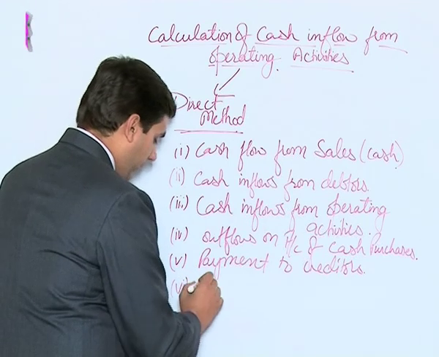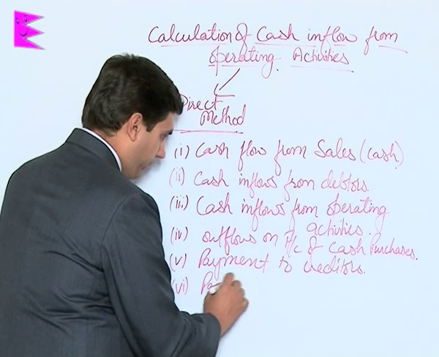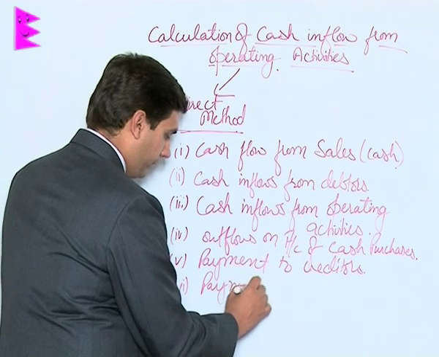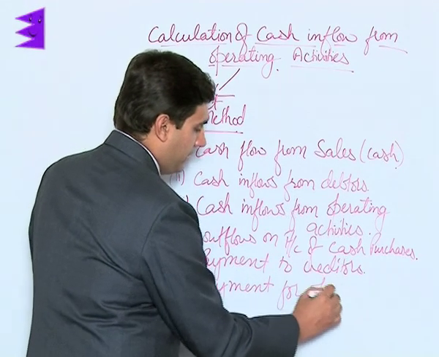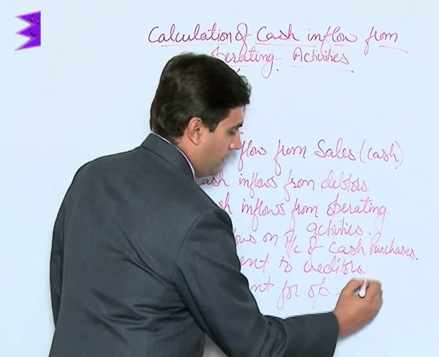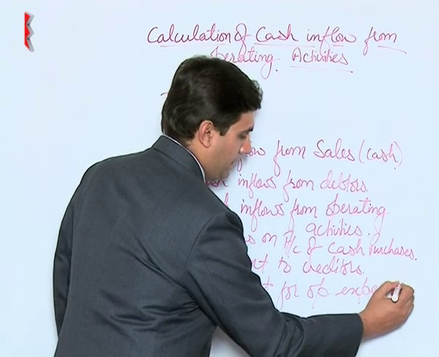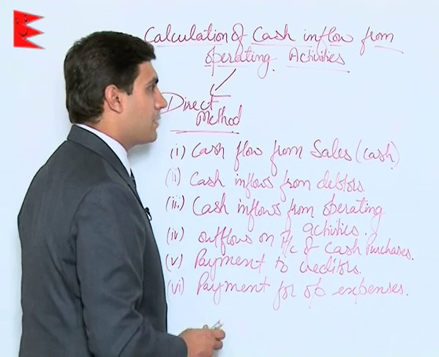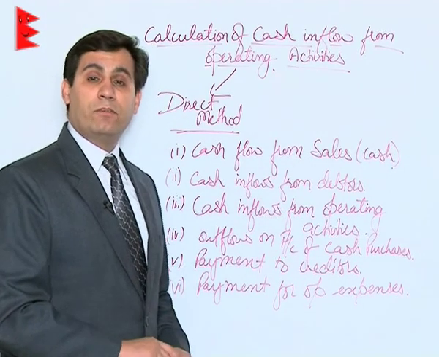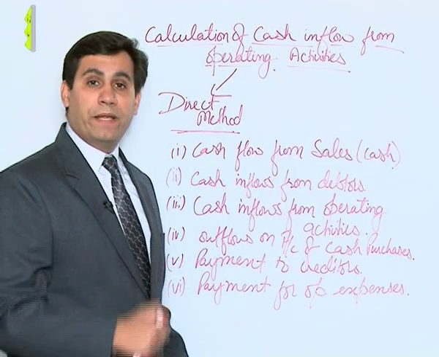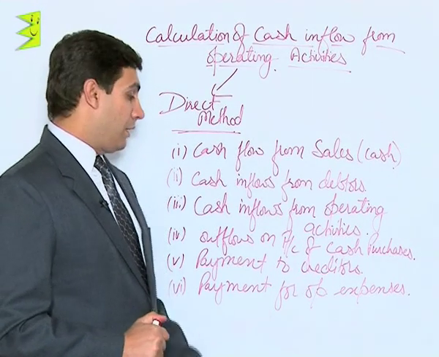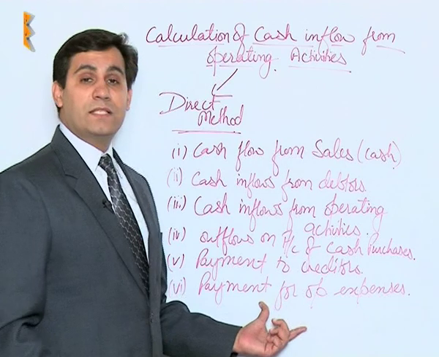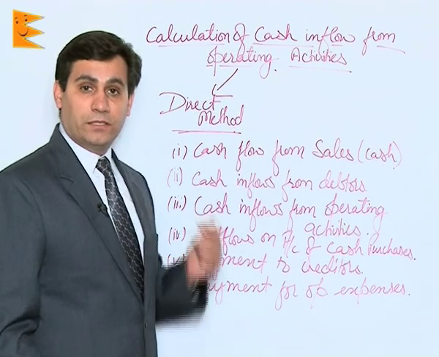Then we have payment for operating expenses. Payment for operating expenses means anything that we pay, something like rent paid, salary paid, which is an operating expense for the business, it would be covered under the expenses heading in the direct method.